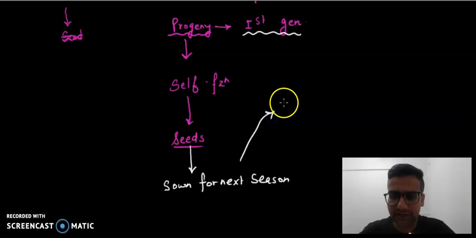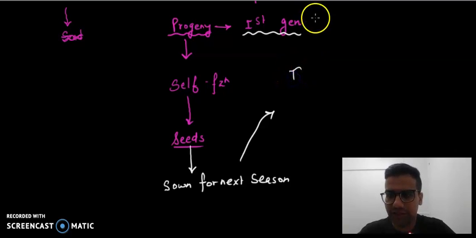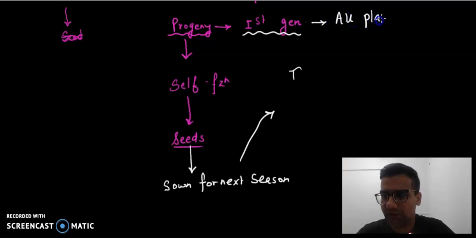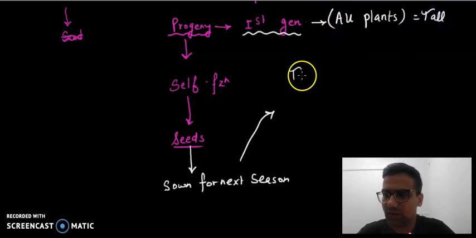The results were collected, and he observed a mixed variety of plants. In the first generation, all plants were tall. In the second generation, there was a mix of tall and dwarf plants.